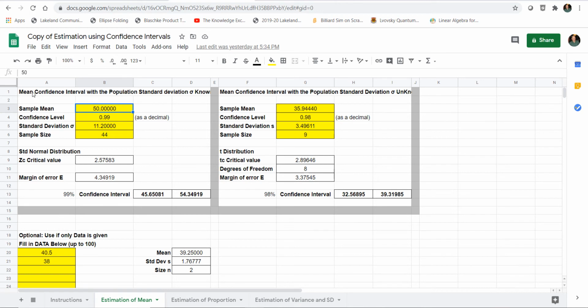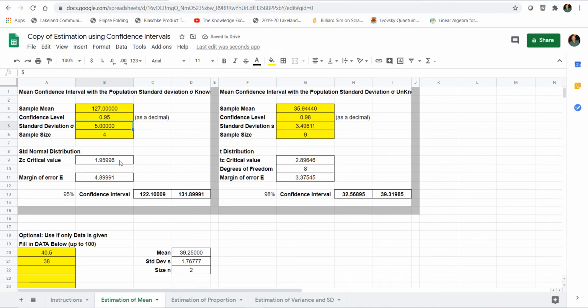What you do is you come up here to this first box, mean confidence interval with the population standard deviation sigma known. Remember, I told you that the standard deviation was 5. I told you that the sample size was 4. I told you that the sample mean was 127, and we wanted 0.95 for the confidence level.